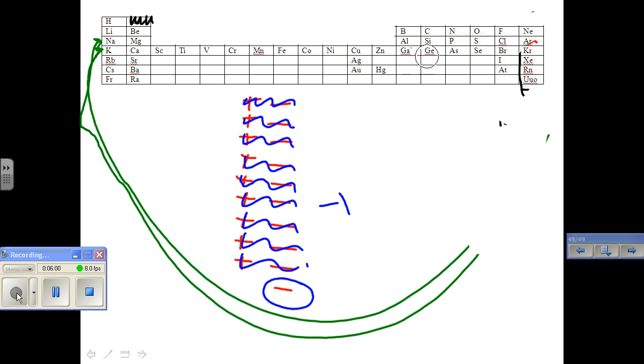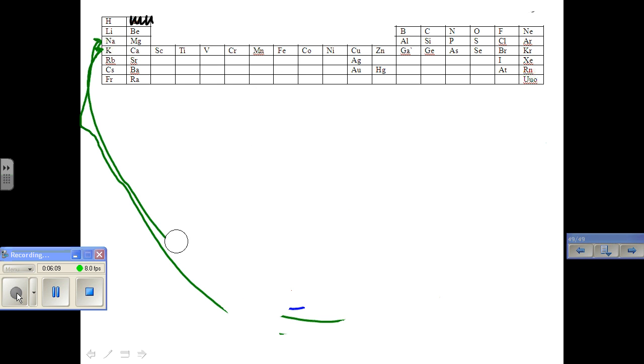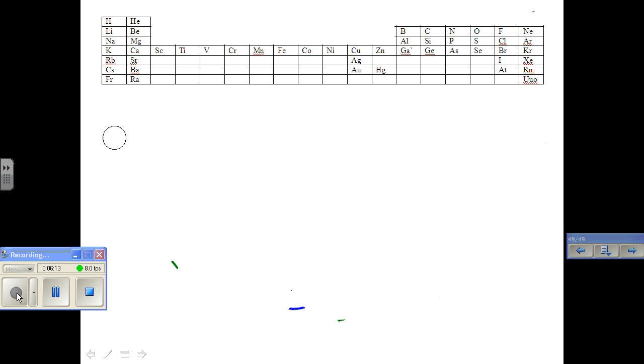So when you're looking at the periodic table, one of the times it's important to realize that they connect on either side is when you're dealing with formation of positive ions.